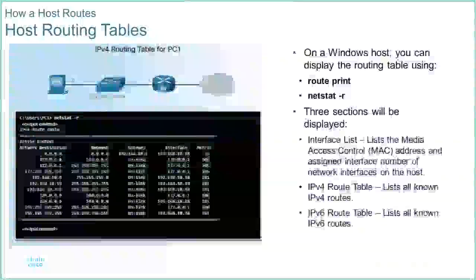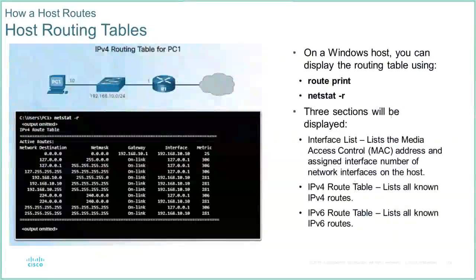So let's have a look at the host routing table. We can use route print or netstat -r. So our default gateway is our 0.0.0.0 network. So this is the gateway address. So if we look at the little topology diagram here, we've got PC1, which is on the .10 of the 192.168.10 network, and the default gateway is .1, and it has a cost or a metric of 25 to get there.